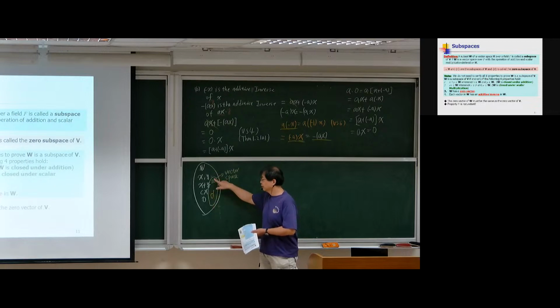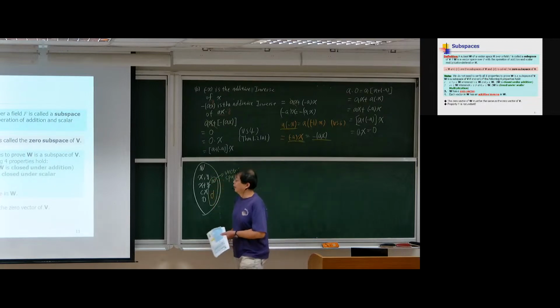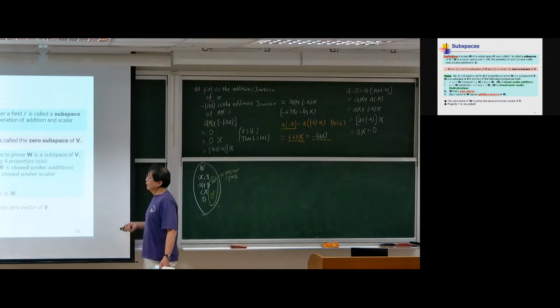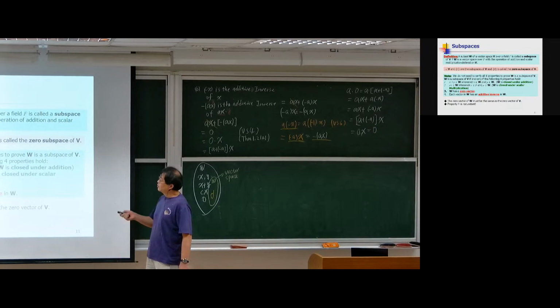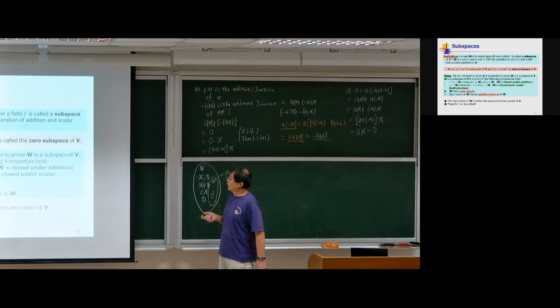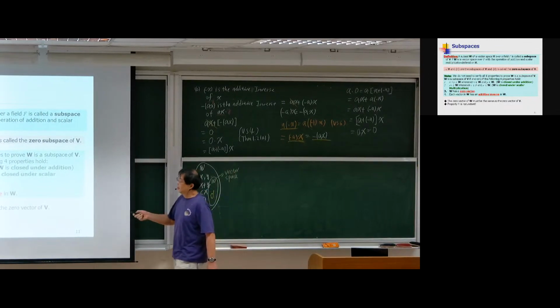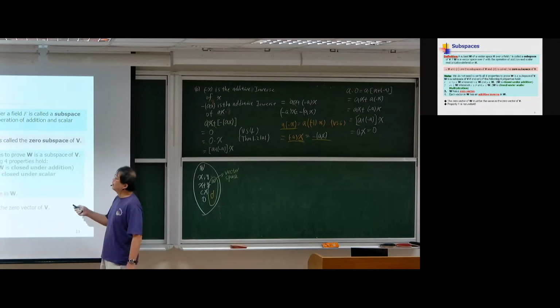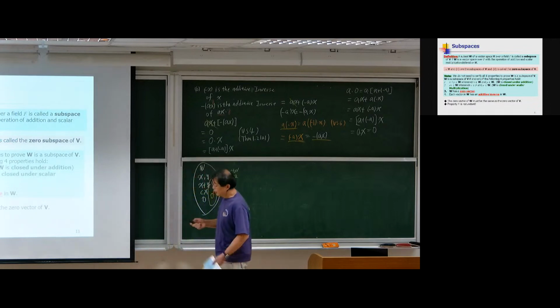We have a zero vector in W. Okay, so with this kind of concept, V itself is a subspace of V. Also, the zero vector itself is a subspace of V. Okay, so both of them are subspaces of V.